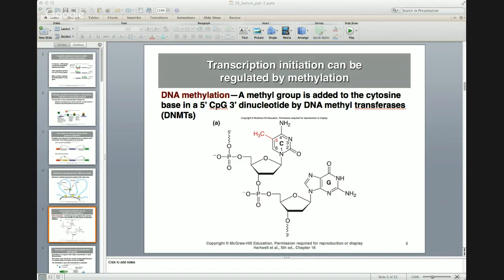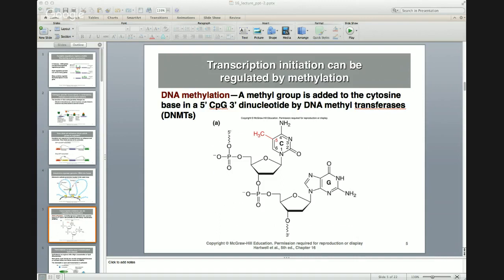Here it's showing you how that methylation is passed on as the cell divides. We have a double-stranded molecule, and both strands are methylated at the CpG dinucleotides. During replication, we know that replication is semi-conservative.